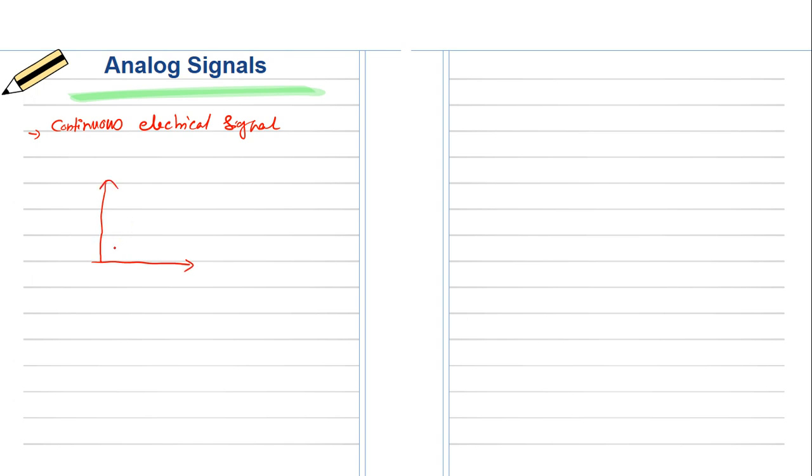Let's say it is varying like this. This is our frequency and this is our amplitude. Analog signals can have an infinite number of these amplitude values, so here we have an infinite number of values within that specified range.